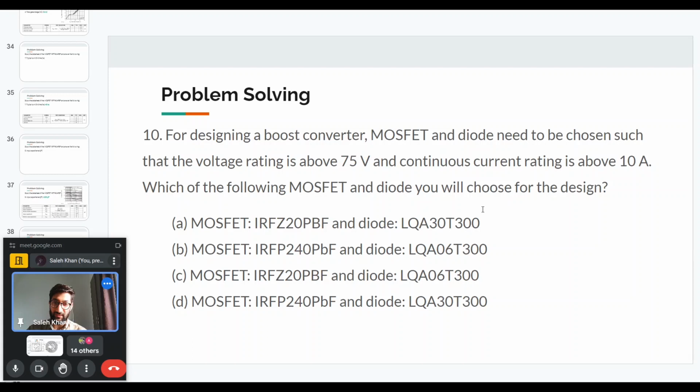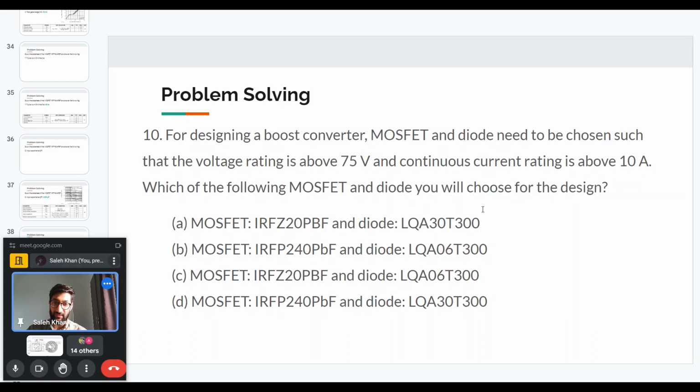So, for example, one of these MOSFETs, the drain source voltage rating is 50 volts, and the continuous drain current rating is 15 amperes. Our requirement is 75 volts or greater than 75 volts and greater than 10 amperes. So the first MOSFET is not suitable because the drain source voltage rating is only 50 volts, but we require a voltage rating of more than 75 volts.